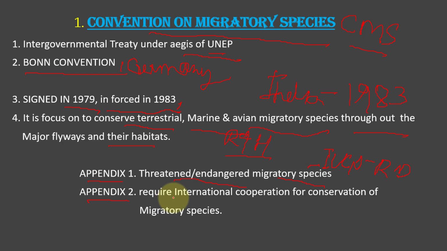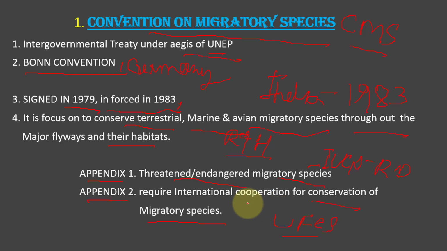Now Appendix 2 requires international cooperation for the conservation of migratory species. So friend, Appendix 2 talks about the international agreement between countries for those migratory species that have an unfavorable conservation status. So this is a kind of agreement between the countries.